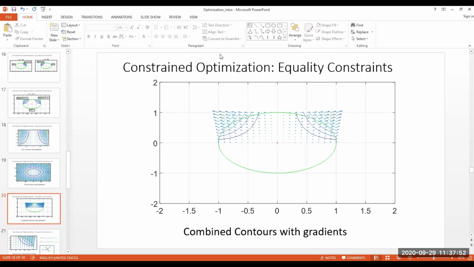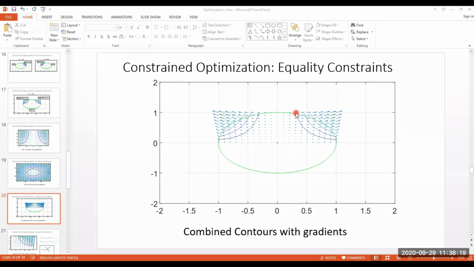To find those points, let me highlight a few of them. This is one point where my control line is intersecting with my circle. This contour and my green curve are intersecting at this point.